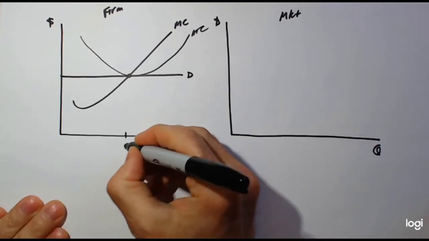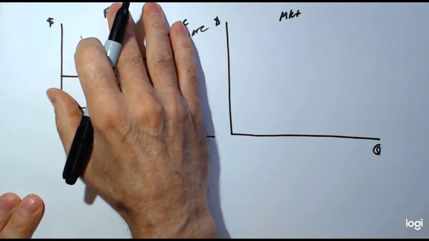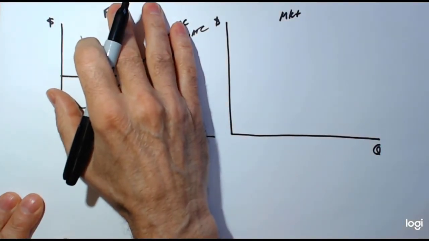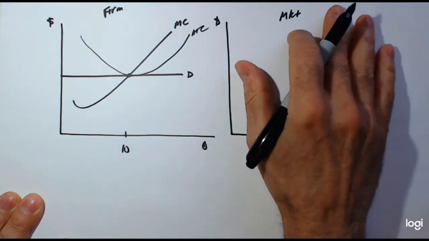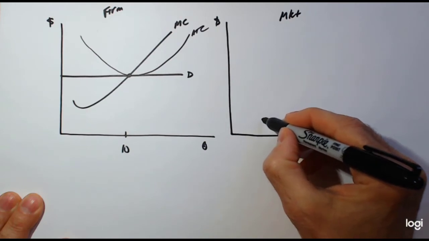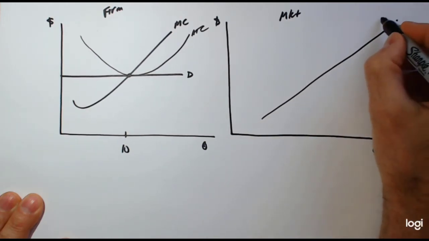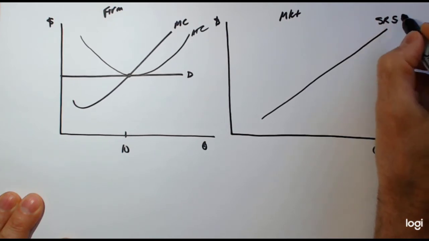If this is 10 units for this individual, remember, if these are small firms, they're atomistic relative to the whole market. The market is much bigger. Let's say there's 1,000 firms here. Then there's a supply curve for the market. I'll call it the short run supply curve, SRS.